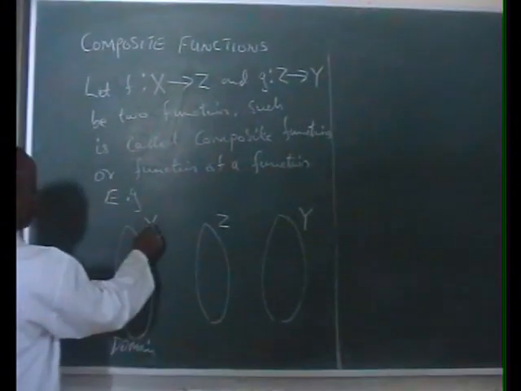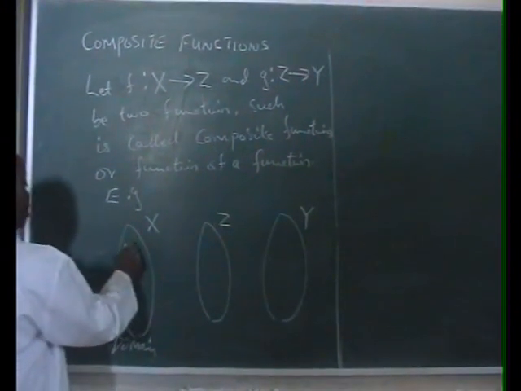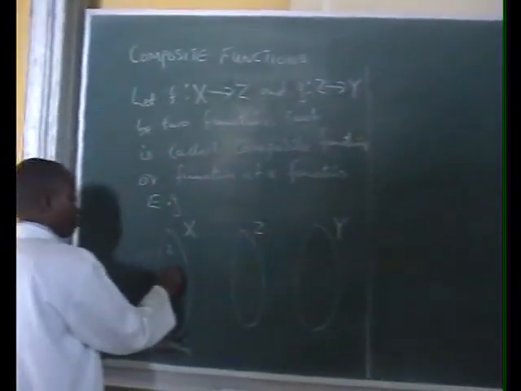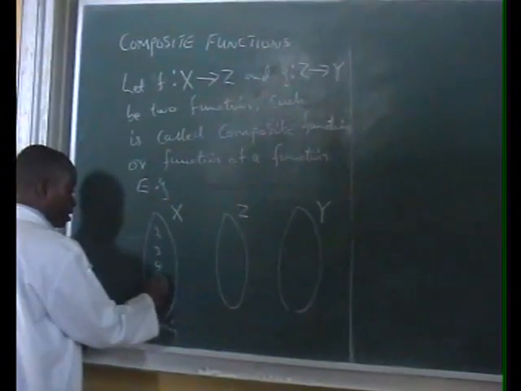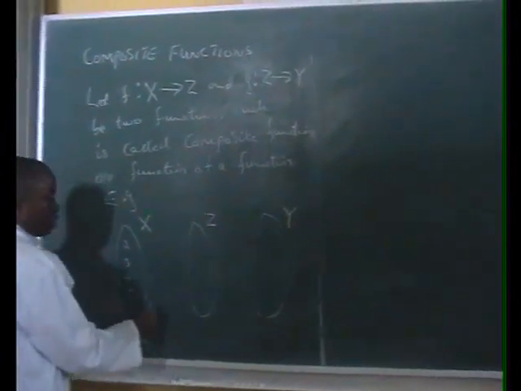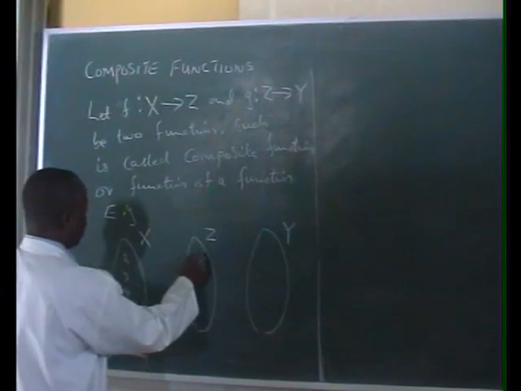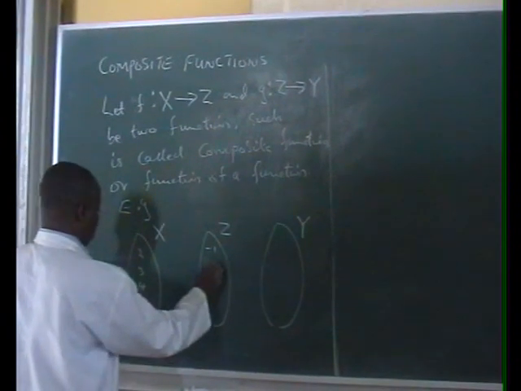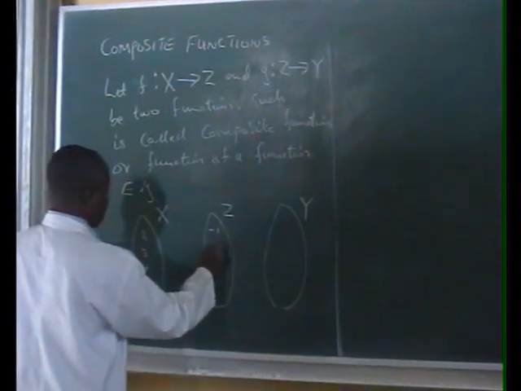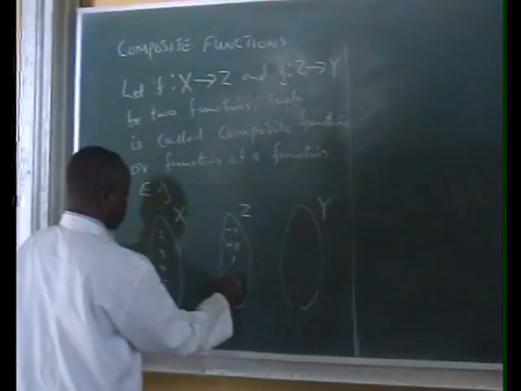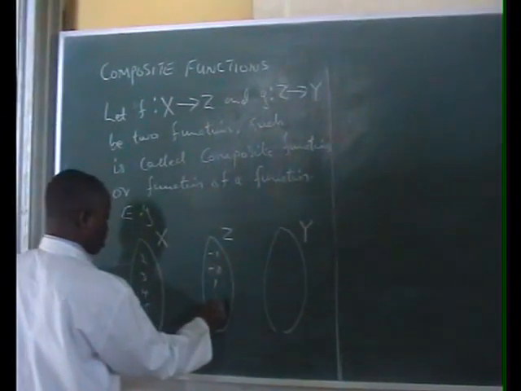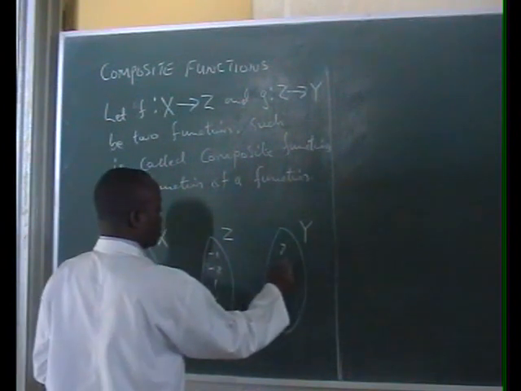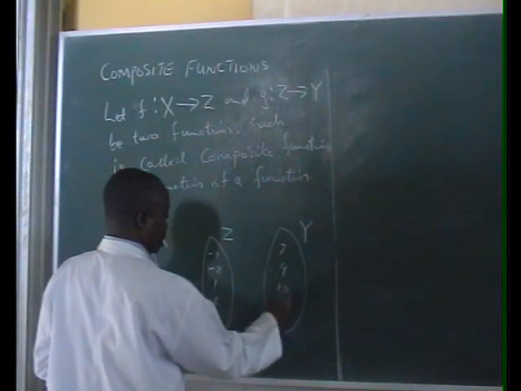In this particular one, if we have elements here, maybe 2, 3, 4, 5, and then we have elements also here, minus 1, 3, minus 2, 1. We also have 6, 7, 9, 10, 11.